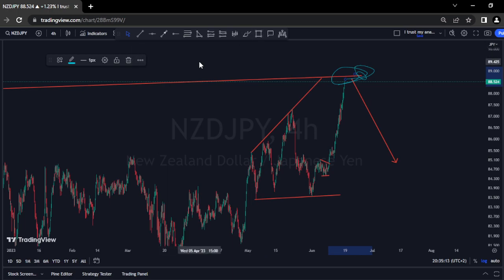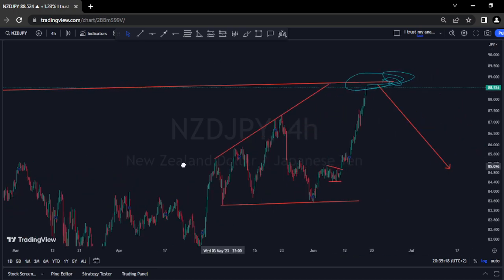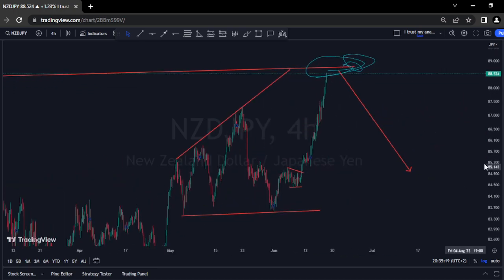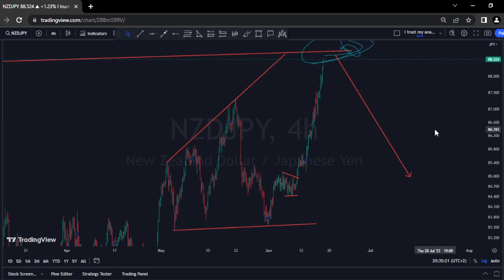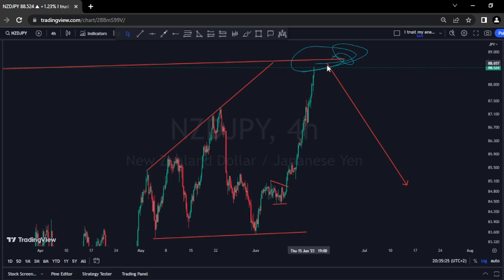So let me just say, when price gets to this high, I'm gonna wait for an aggressive push down and those patterns again, ladies and gentlemen.